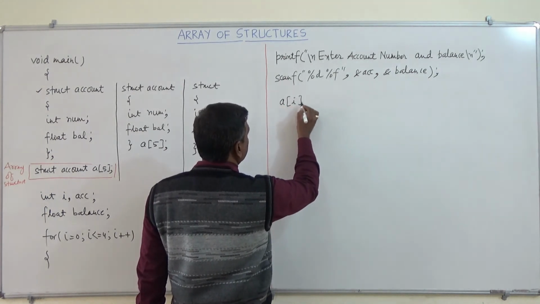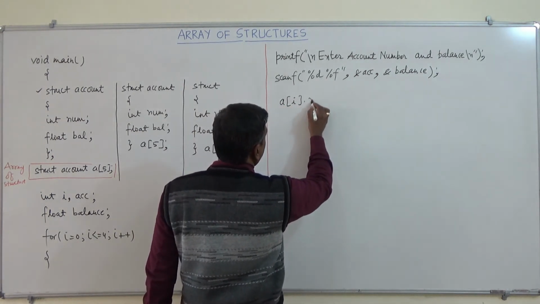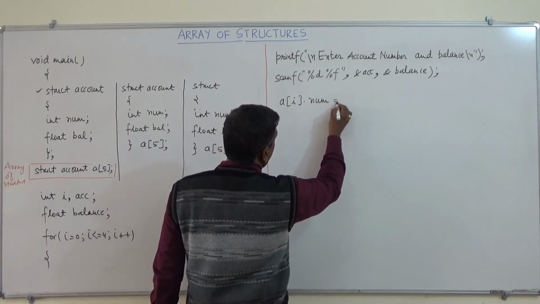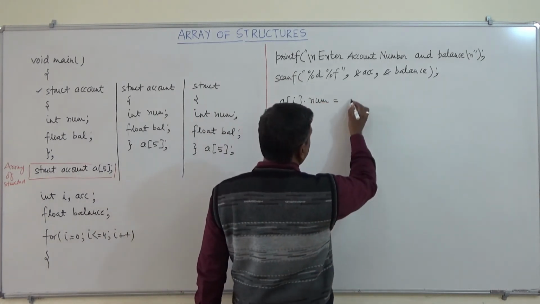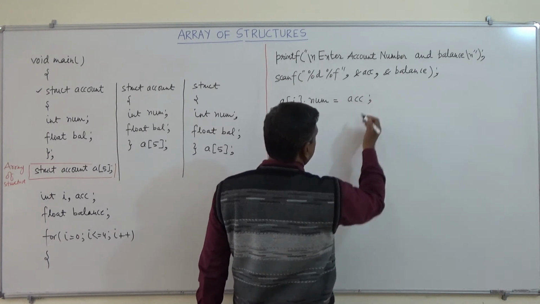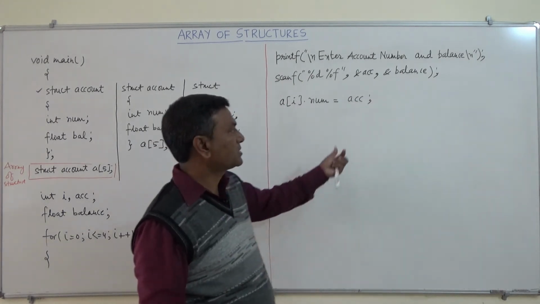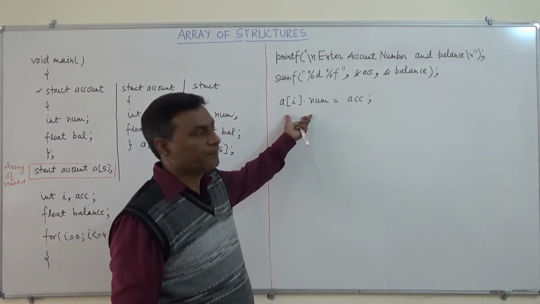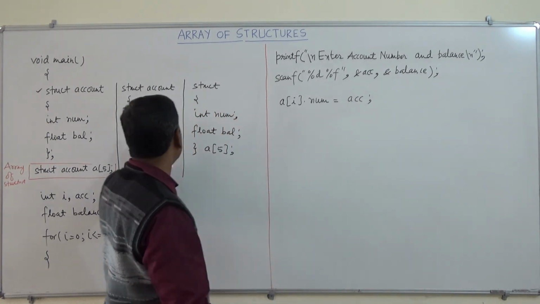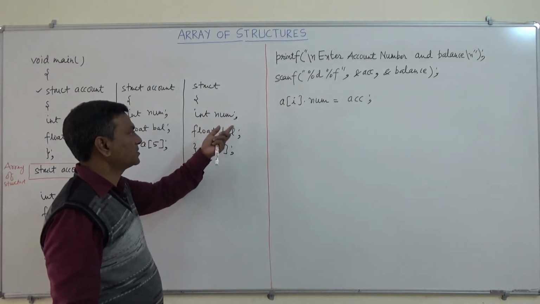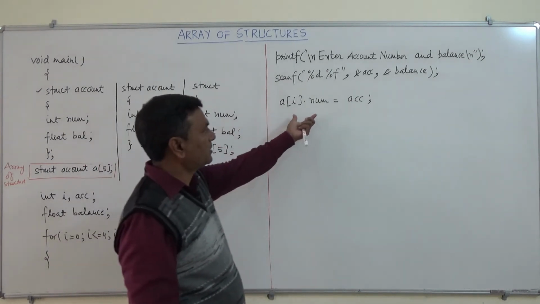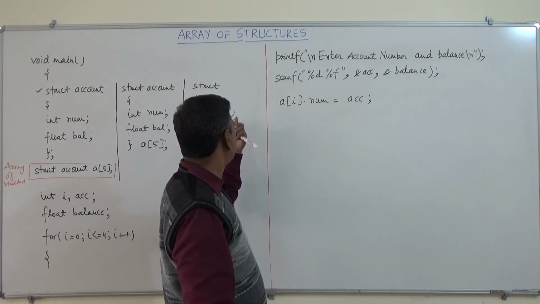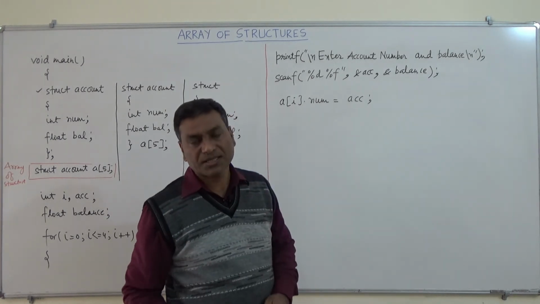So this is a[i].num equals acc. We are storing this account number in this particular item of the structure, or we can say this is a structure element.